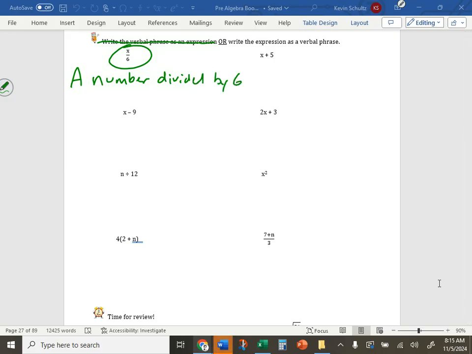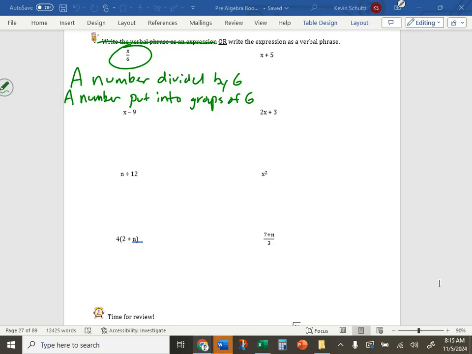What else could you write? You have to write more than one. Just put in some options up here. A number divided into groups of 6. Good. A number put into groups of 6, or divided into groups of 6.